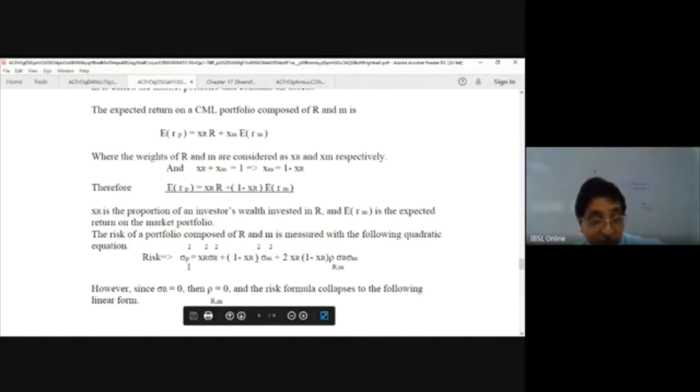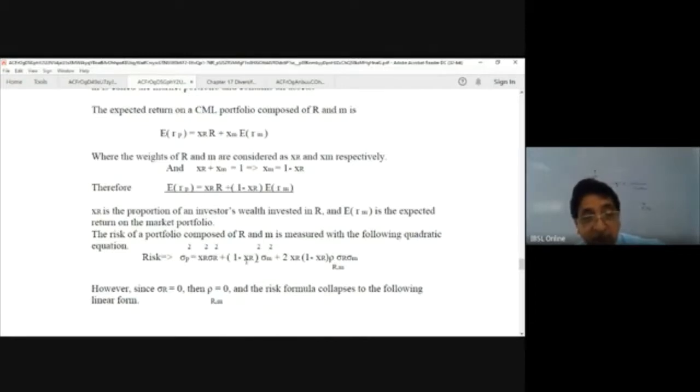Now you can just look at it. Sigma P squared is equal to XR squared sigma R squared plus 1 minus XR squared into sigma M squared. So why we put 1 minus XR? Because it is XM. XM equal to 1 minus XR.